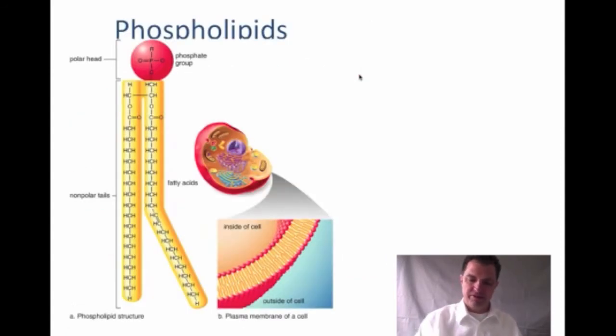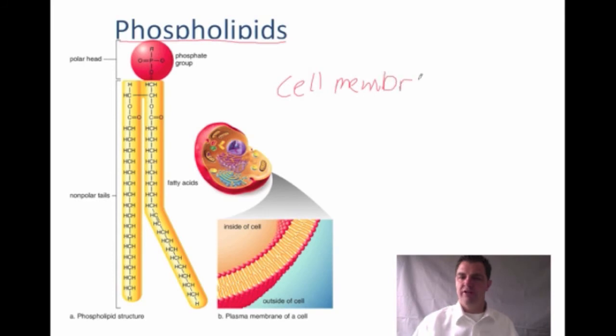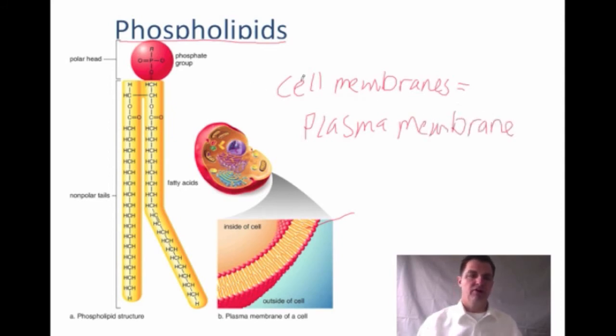Another group of lipids that are going to be important later on are these phospholipids, and these are a major component of cell membranes. So not cell walls, but cell membranes. Cell membranes are also called the plasma membrane, and that's what you can see kind of down here in this picture, the plasma membrane. And what they do, you notice they have two sort of parts to them.